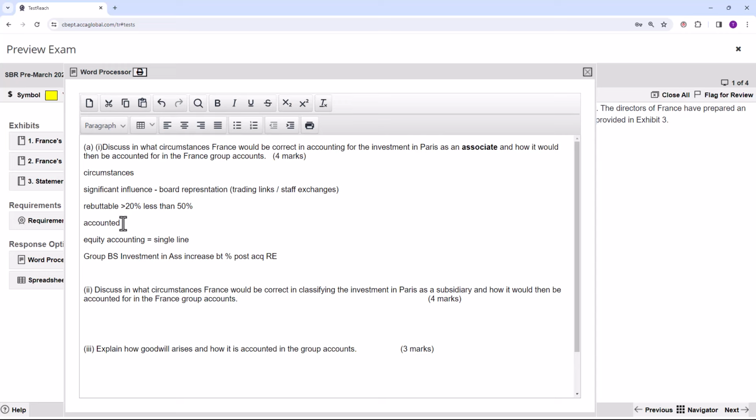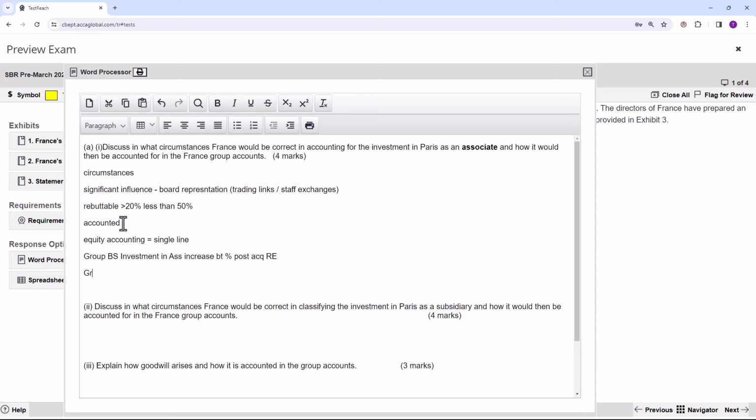And that's a key phrase. But if you want to think about the group P&L, then you're including a single line, and that single line is the income from the associate, and it will be our share of the associate's profit after tax.